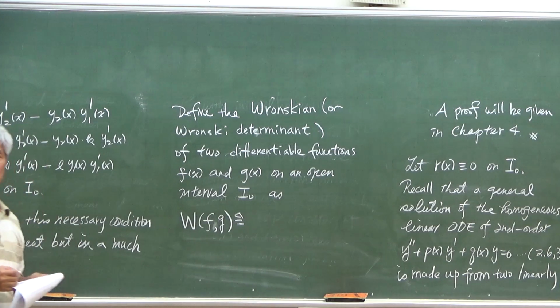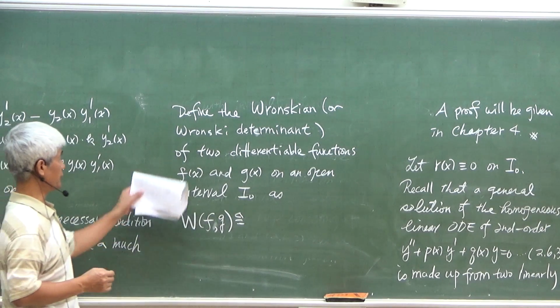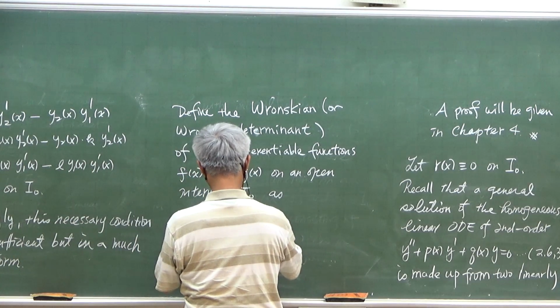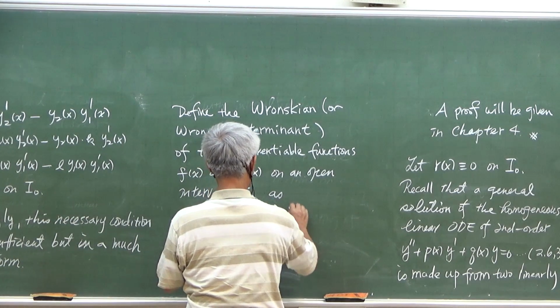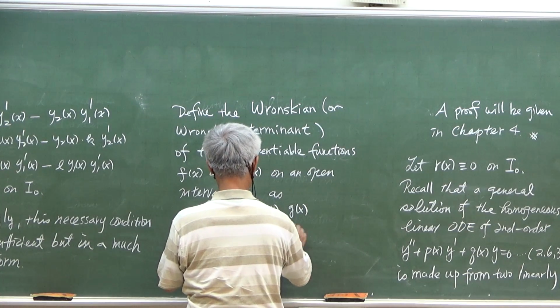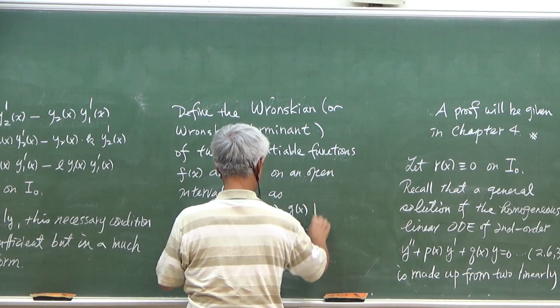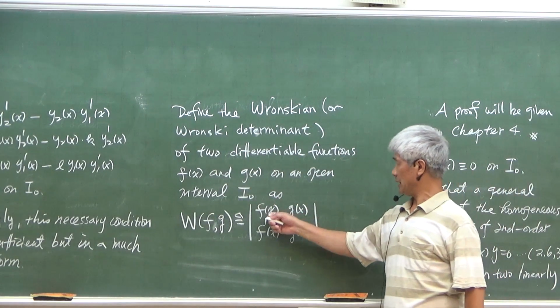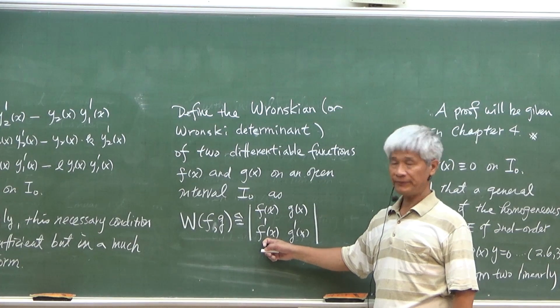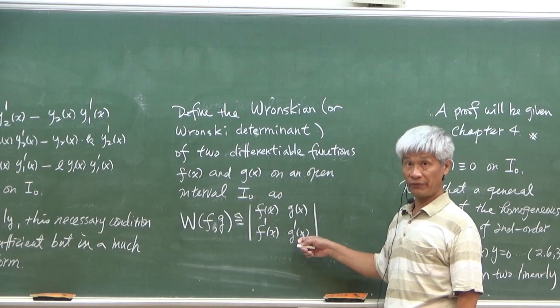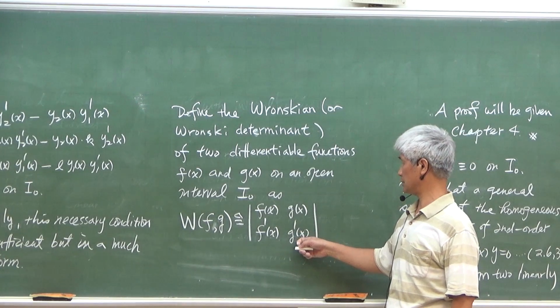Okay? So the Wronskian of two differentiable functions f and g is the determinant of this matrix. So this is f of x, this is the first derivative of f of x, this is g of x, and here is the first derivative of g of x.